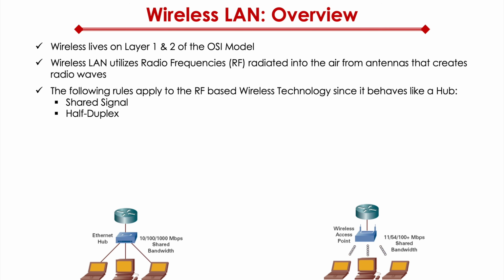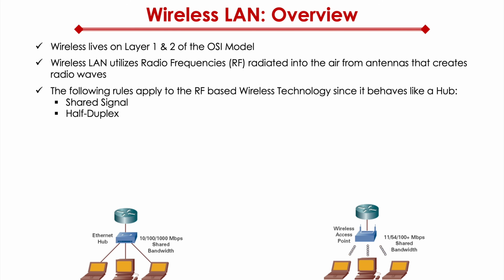And the communication happens to be half duplex when it comes to the hub, meaning only one device can send data and it can only send or receive. It cannot both send and receive at the same time. It can only transmit in one direction. Either it's sending something or it's receiving something. That's half duplex.